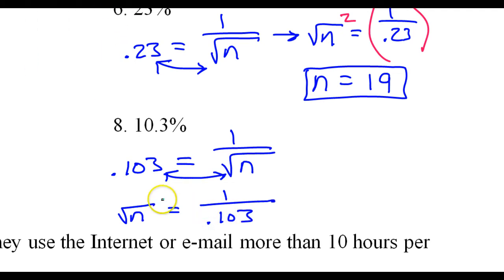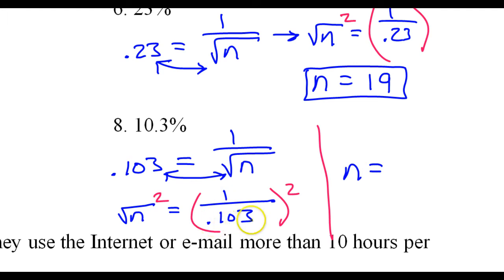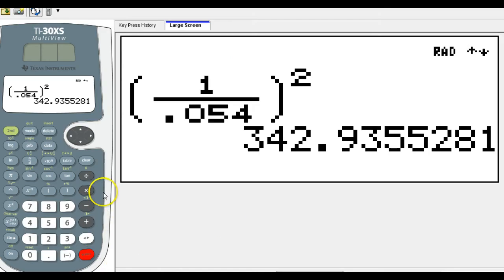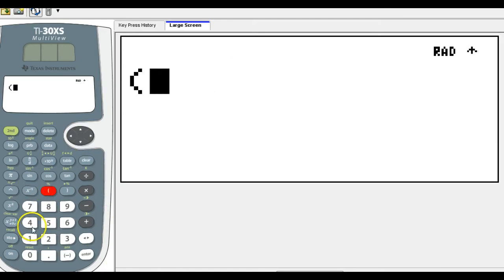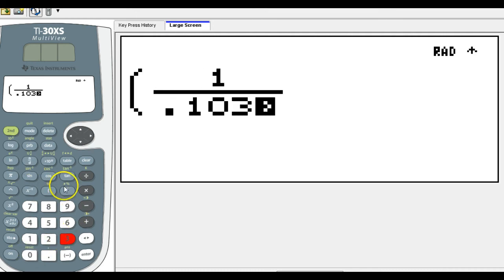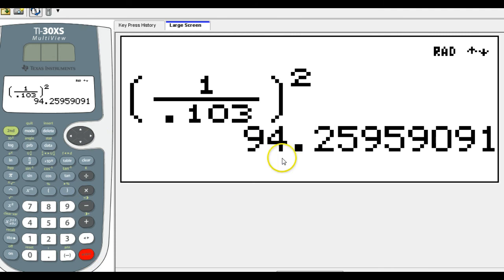And once again, squaring both sides should give me the sample size. Okay, 1 over 0.103 squared. Alright, 94.2. That's 95, rounding to a whole number.